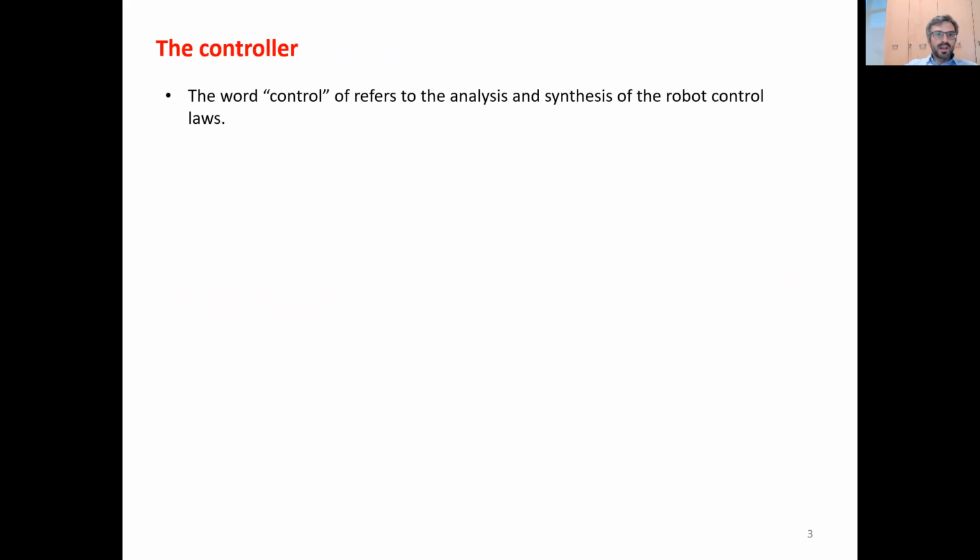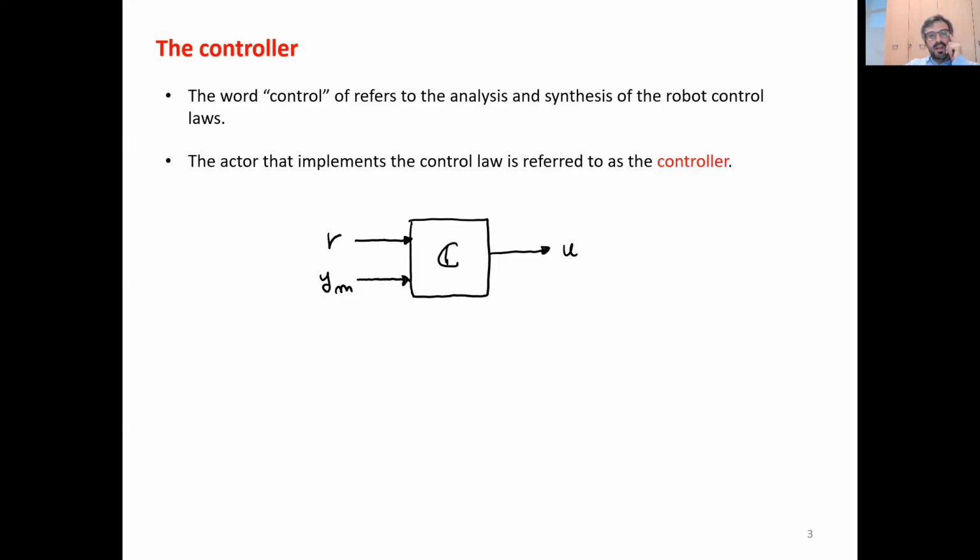The controller instead, so the word control refers to analysis and synthesis or design of a control law, and the control law is implemented by the controller, which is the actor of the control system.